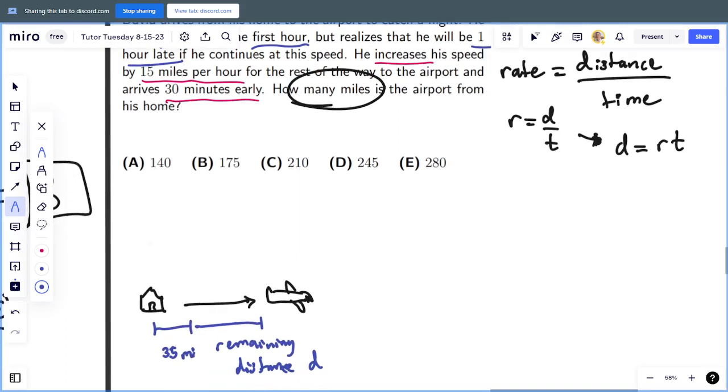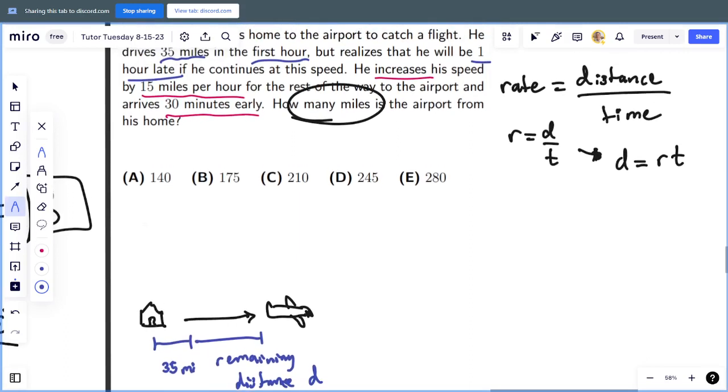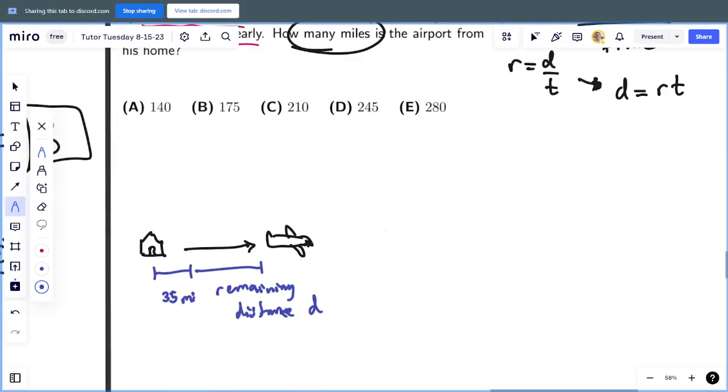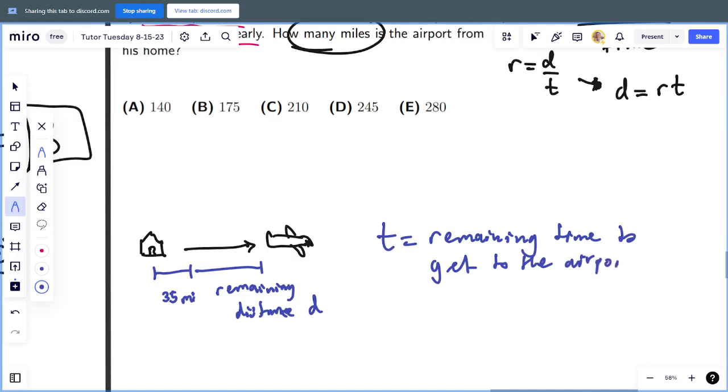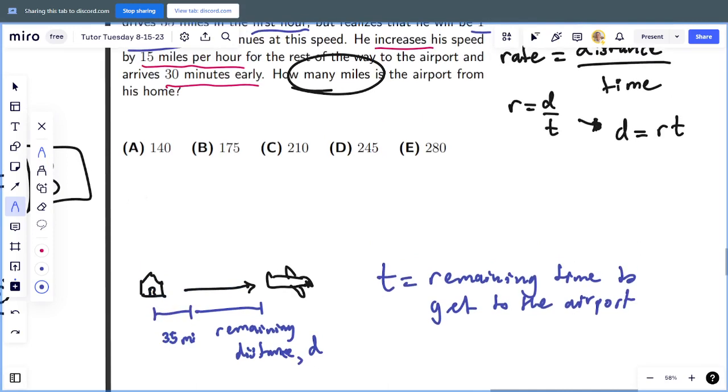We know that if we set t equal to the remaining time to get to the airport, d is the remaining distance, t is the remaining time. We could write an equation that relates the distance, the rate at which he travels, and the time.